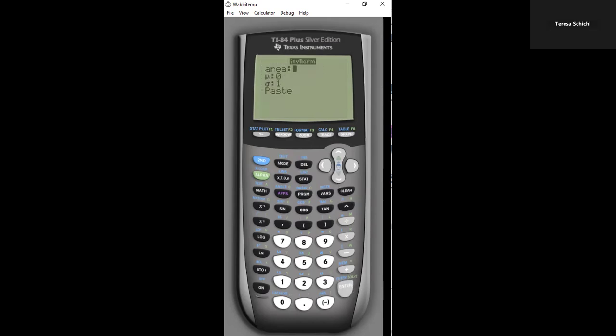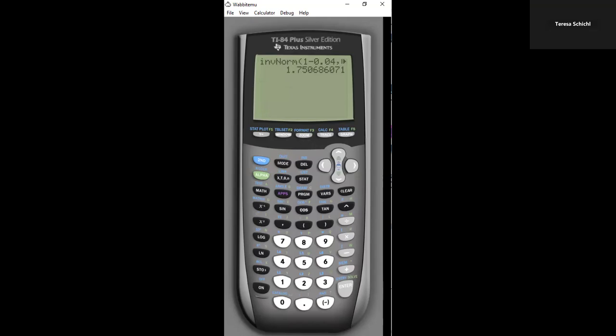Remember, the area is always put to the left. So alpha is 0.04, and the area will be 1 minus alpha, 0.04. Then you go to the end, and what do you have? You have 1.75.